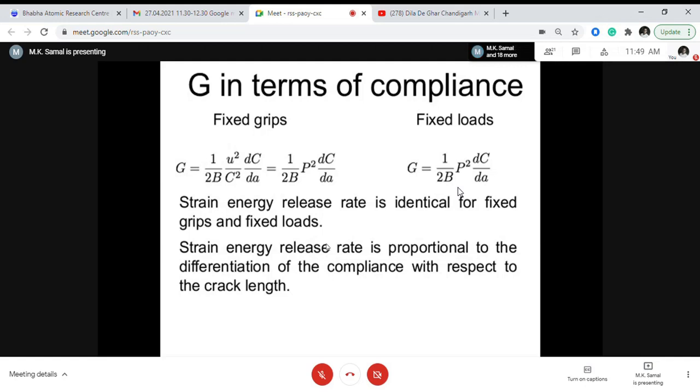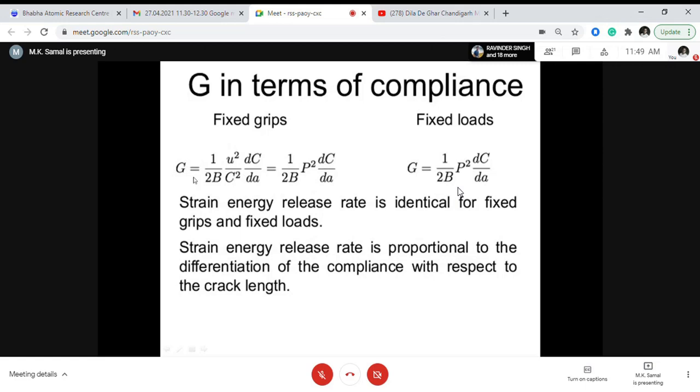That means you apply load and get the displacement, or apply displacement and get the load. From that you can calculate the stiffness of the component. Then you make another crack, slightly increased, a plus delta A, and calculate the stiffness again. If you increase the crack, stiffness is reduced, or compliance increases. That change in compliance with respect to delta A gives you dc by dA. For a given load, you can then calculate the potential energy release rate, and convert it to the stress intensity factor.